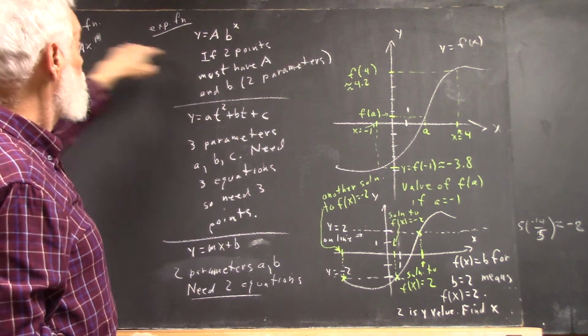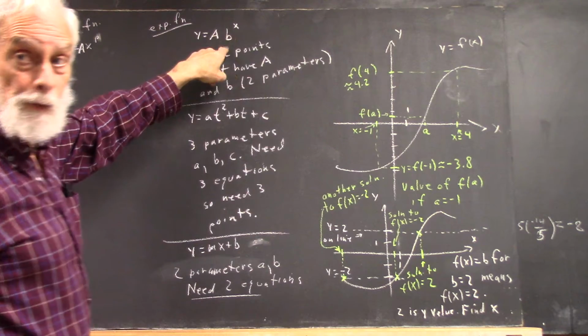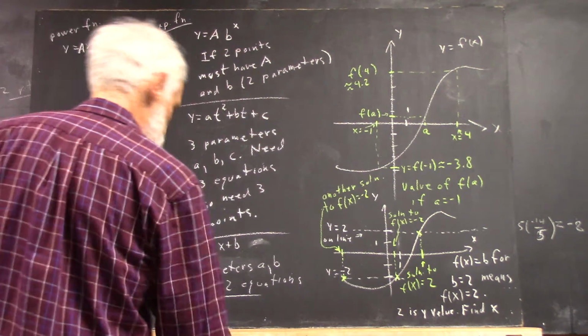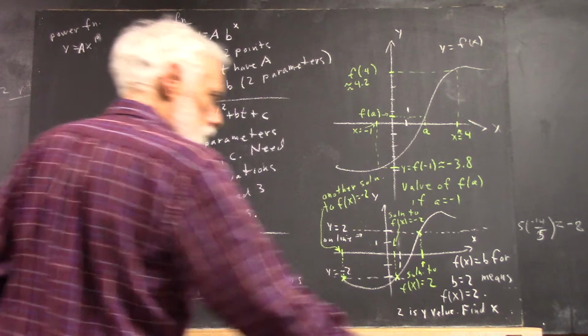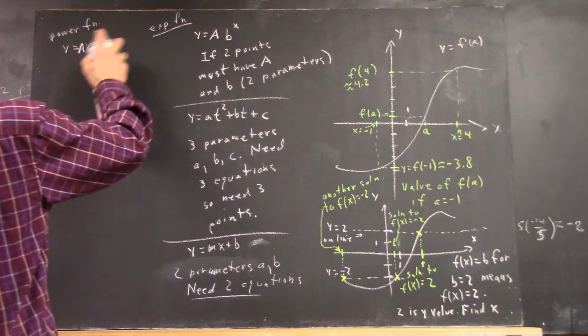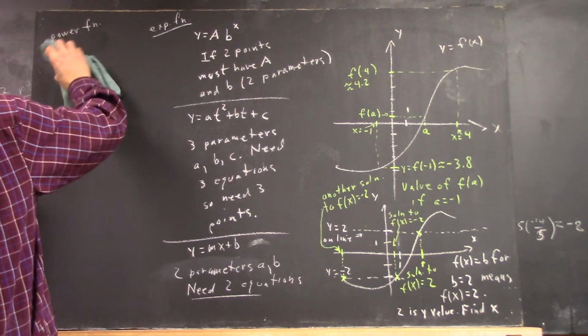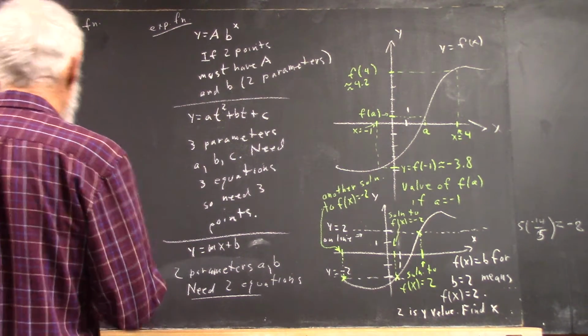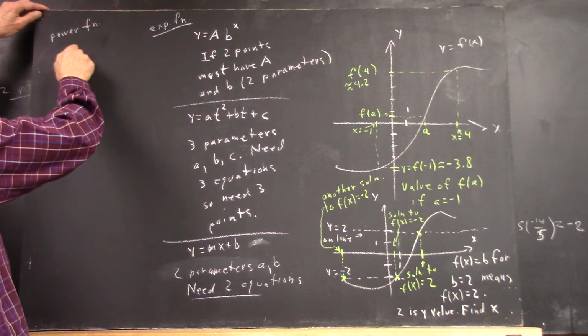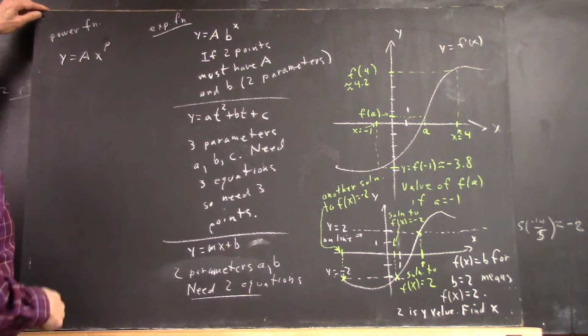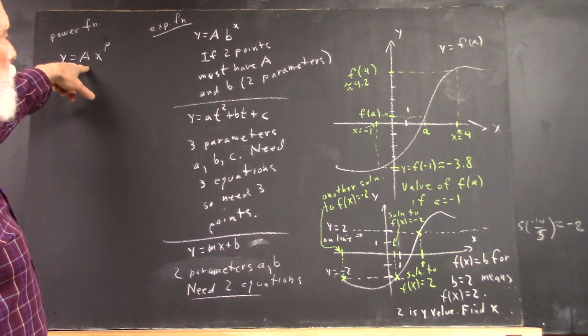It looks almost like this one, but what's the difference? Let me quickly fix that, because I wrote it down carelessly. Okay, this is y equals a x to the p.